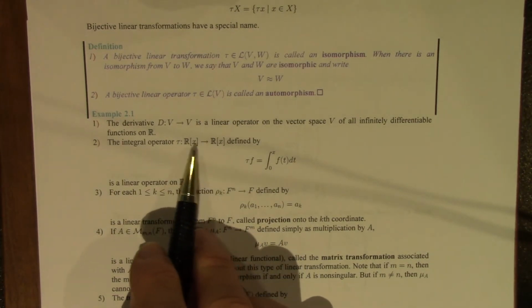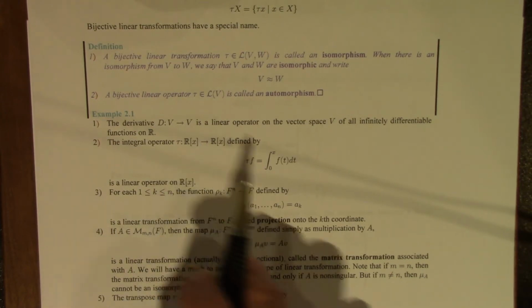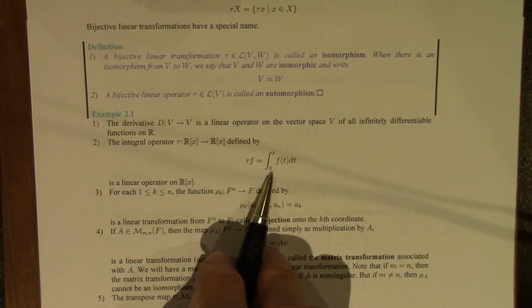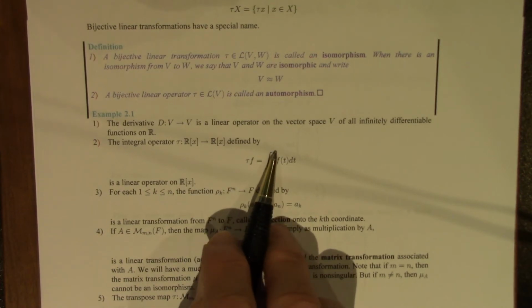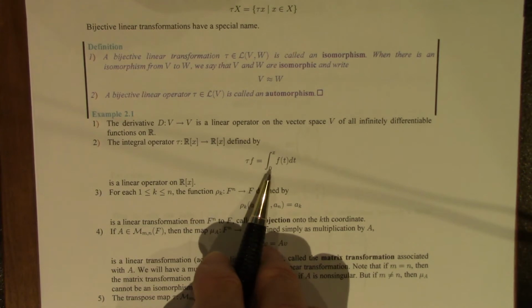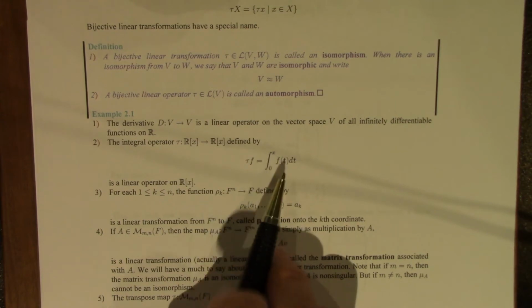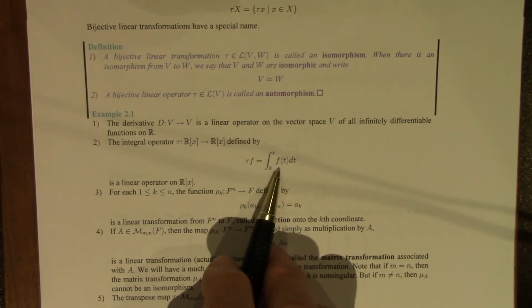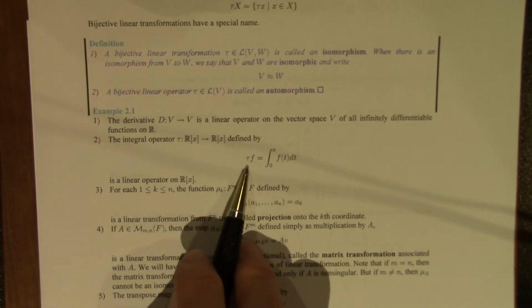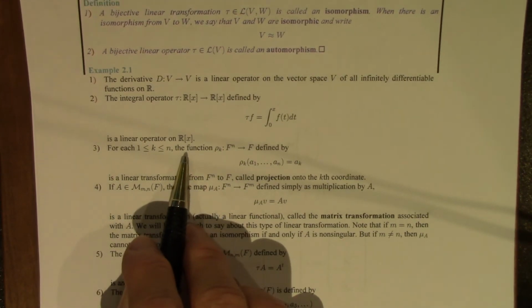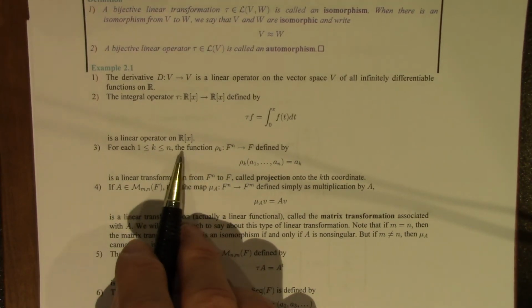And similarly, if we take the vector space, say, of real polynomials, just for simplicity, the definite integral, tau of f equals the integral from 0 to x of f of t dt. As x varies, this is a function, it's a polynomial, and in fact the integral is also linear. This is an important function.